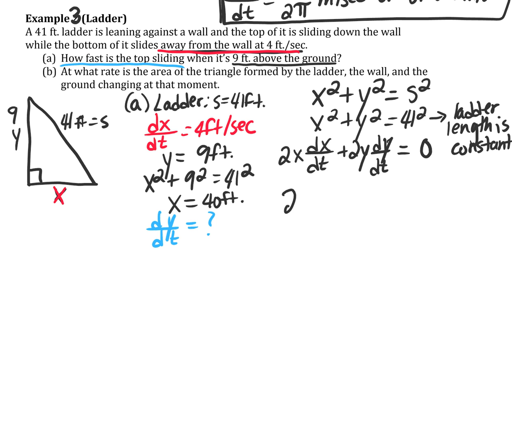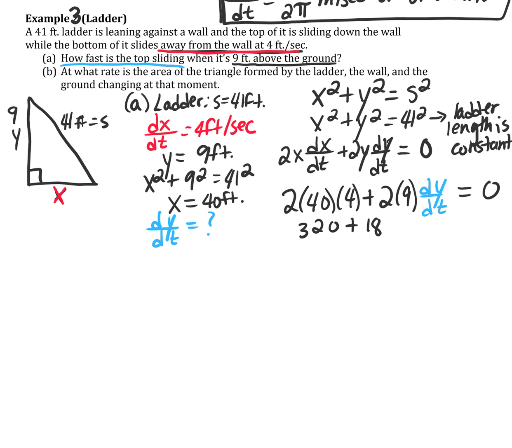We know that x is 40, dx over dt is 4, we know that y is 9, and then we're solving for dy over dt. So we don't have anything to plug into that, but we need some sort of variable left to solve for. So that's going to give us 320 plus 18y, or 18 dy over dt is equal to 0.